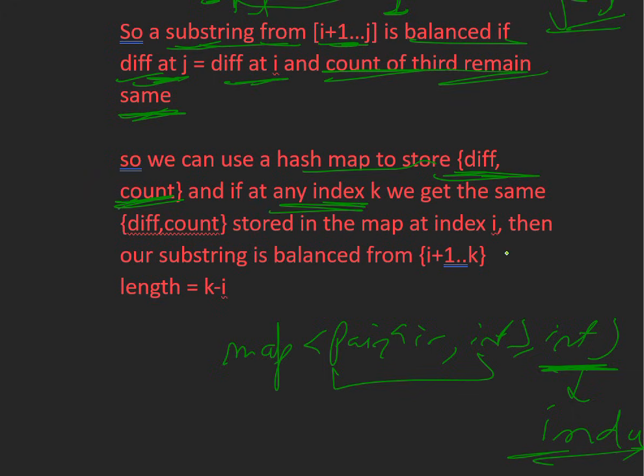At any future index k, we will check the pair in the map, and suppose we get the index i, then the length is k minus i.